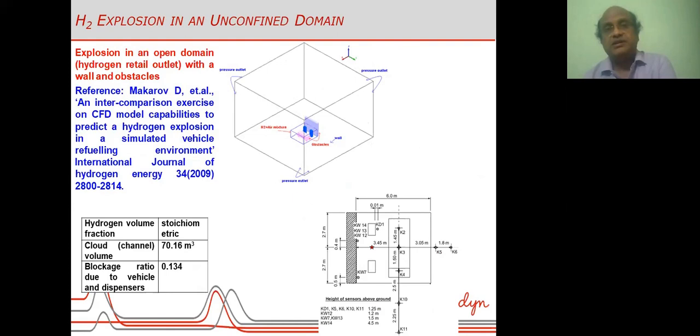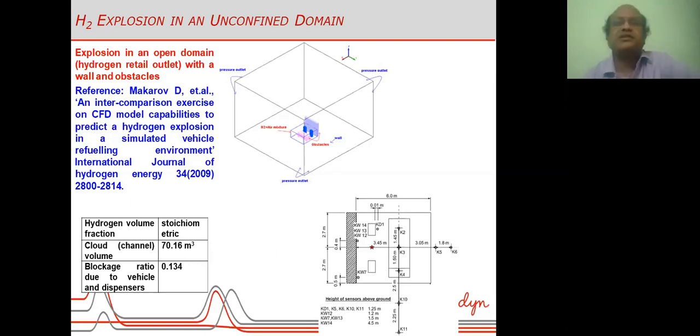In case of a leak, it will of course go up due to buoyancy effects, but still, in an enclosed or partially enclosed domain, there is the possibility of hydrogen getting accumulated and exploding. So a lot of studies are done whenever such outlets are set up, to make sure that in case of an accident the explosion doesn't happen, and if an explosion does happen, the pressures are lower than the safe limits, or to install sufficient safety measures.